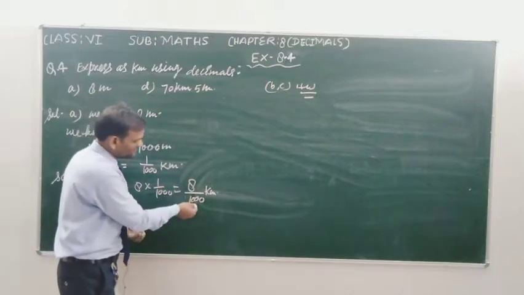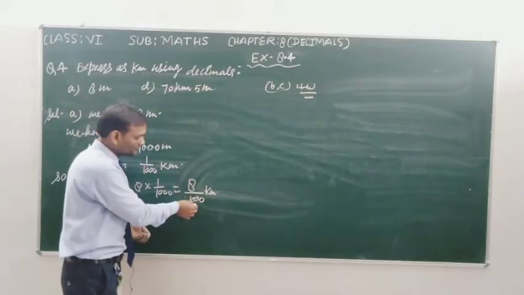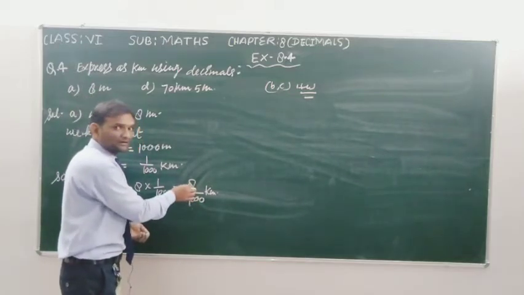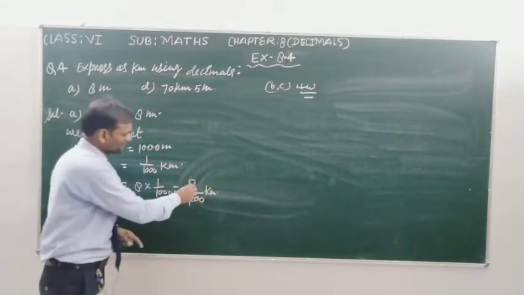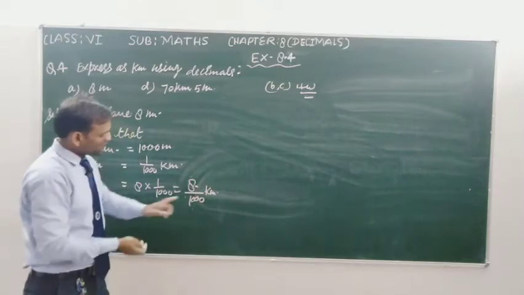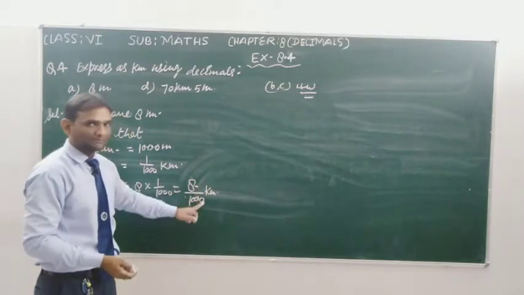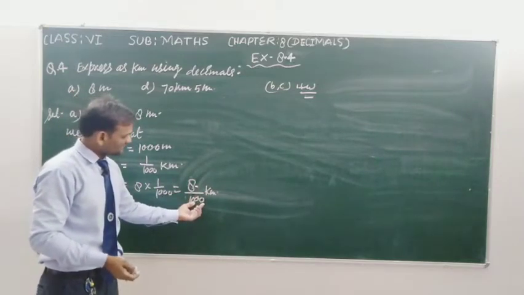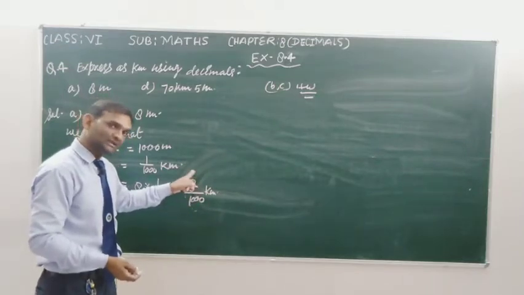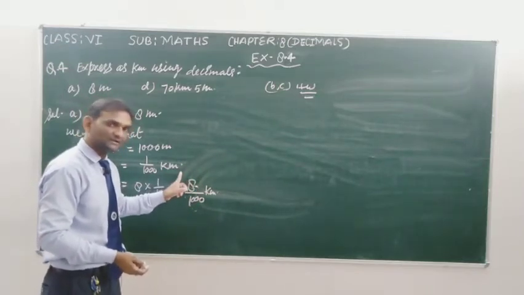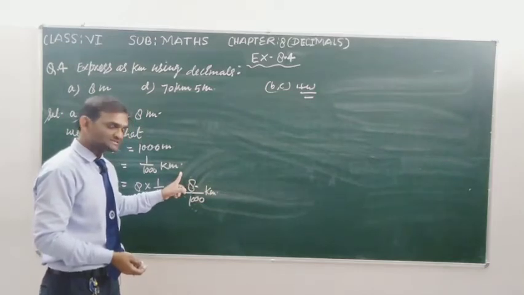So we divide 8 by 1000, and this is a whole number. You know, the decimal point is at the end of the 8 here. And when you divide by a 1000 type number, you see that 1000 has 3 zeros. So the decimal point will shift to the left side by 3 digits.